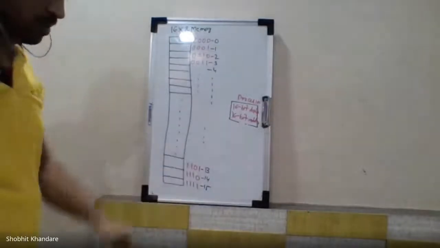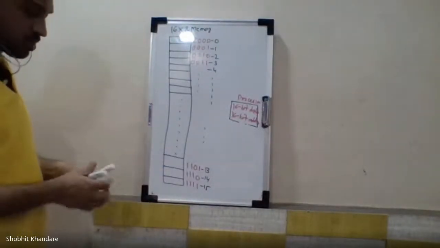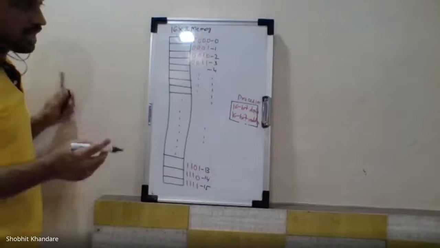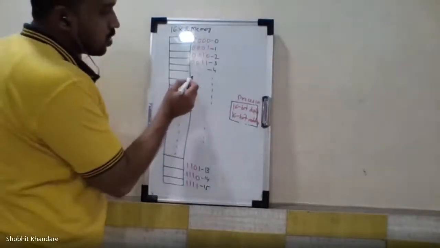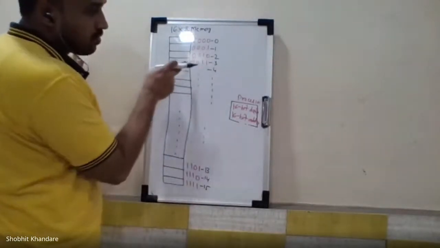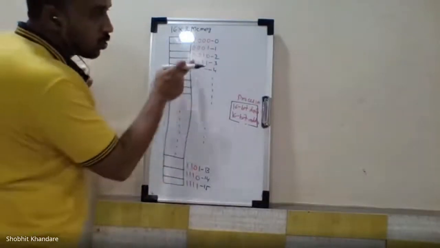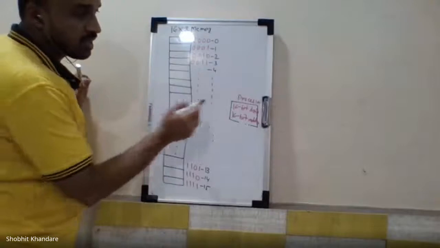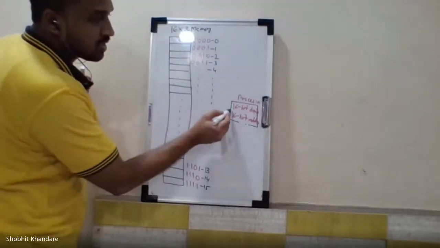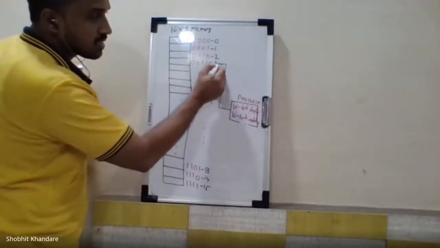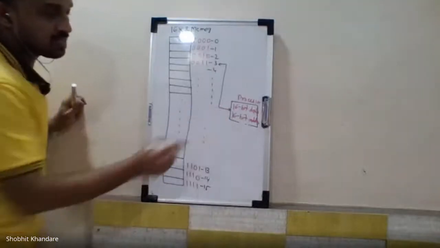Now see what is going to happen. Suppose I want to access location number 3. This will generate an address.